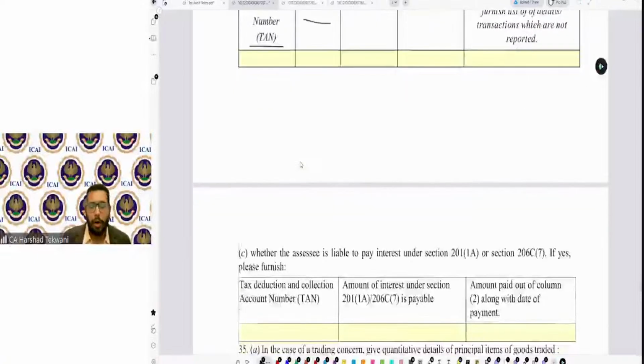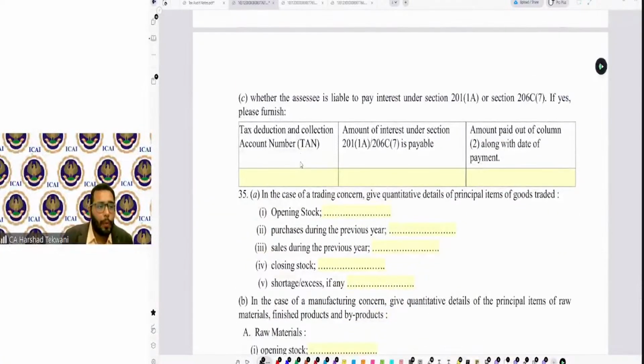Then under clause 34C, if any interest is required to be paid for the delayed payment of the TDS, then such detail is required to be provided here, which is under section 201(1A) and 206C(7).